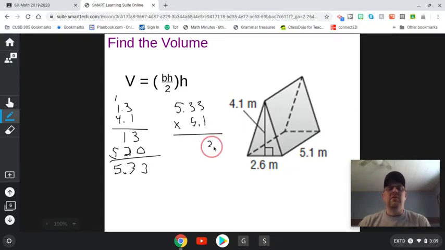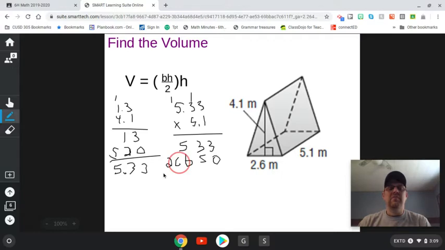We have 3 times 1, 3 times 1, 1 times 5, be a 0, 0. 5 times 3, which is 15. 5 times 3 plus 1 is 16. Then 5 times 5 is 25, plus 1 is 26.